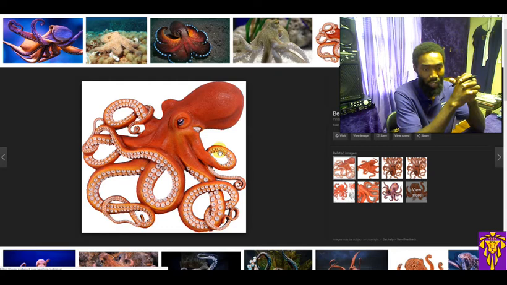The reason why they call it octopus is because octo goes back to the Latin, which means 8. That's why it's known as an octopus, because it has 8 tentacles. Like a stop sign has 8 sides.